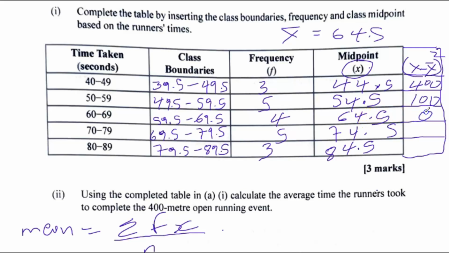So 0 squared is 0. So 74.5 take away 64.5, that's 10. You square 10, you get 100. So 84.5 take away 64.5, that's 20. You square 20, you get 400. So those here are x minus x bar values. Now we also need a column for frequency times x minus x bar.